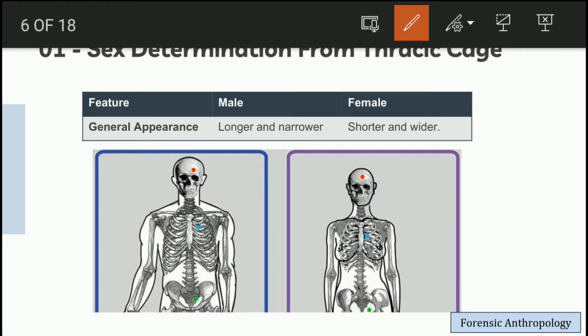In general appearance, the thoracic cage is longer and narrower in males, and shorter and wider in females. Here in the figure we can see it is longer and narrower in the male, and shorter and wider in the female.